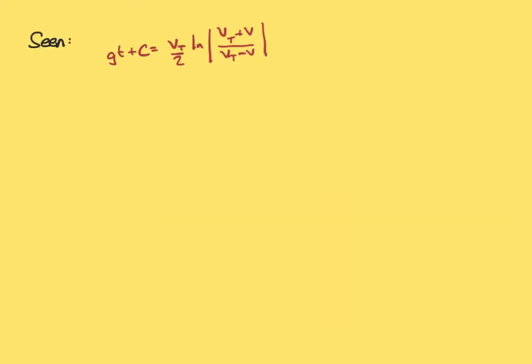So on the previous slide, we obtained this equation. What I want to do first is find the value of the integration constant. To do that, I'm going to use the information that at time t equals 0, v is 0, or v of t if you wish to be more explicit. So it's being dropped from rest.